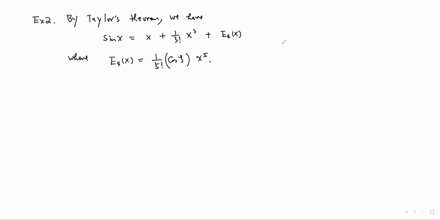Professor: I think it should be minus 1/3 factorial x cubed. Oh, okay. Minus here, right? Minus.